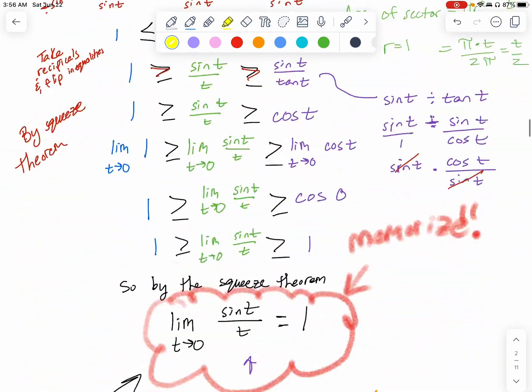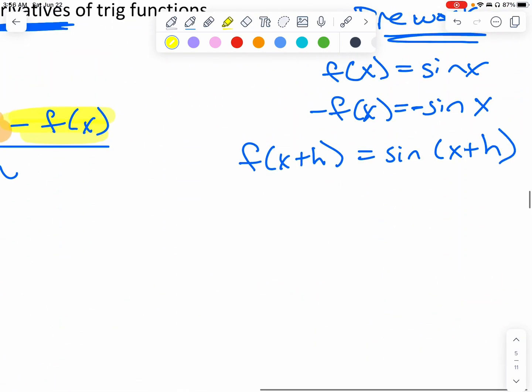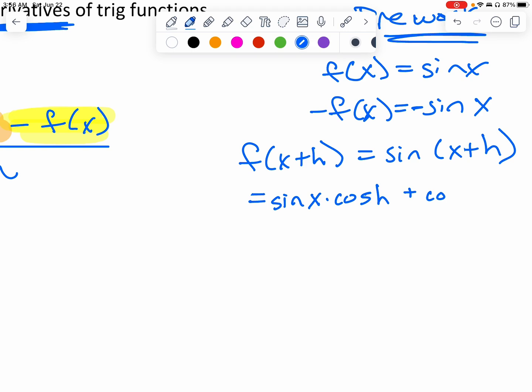So let's apply that over to our x plus h. So that becomes sine of x times cosine of h, so I'm going to put parentheses around the h and the x, plus cosine of x times sine of h.